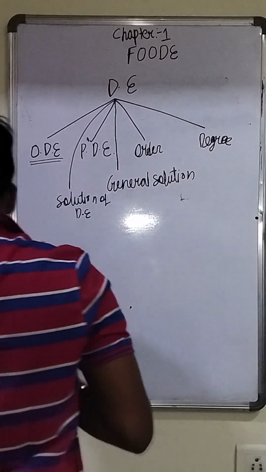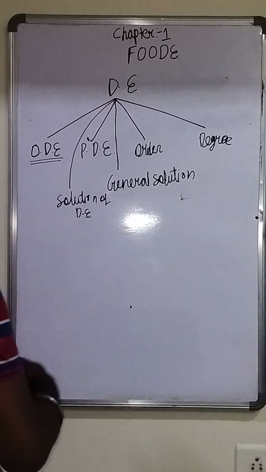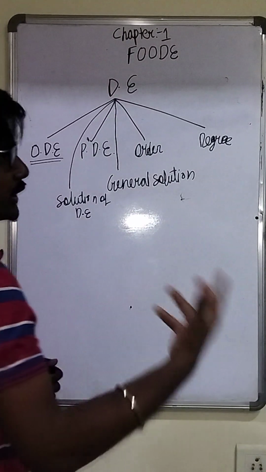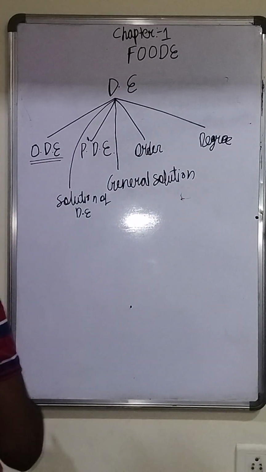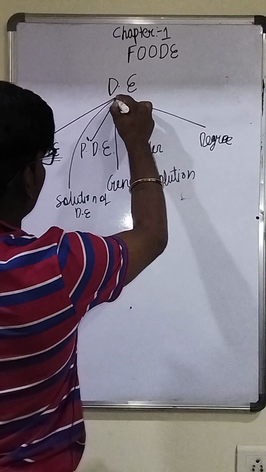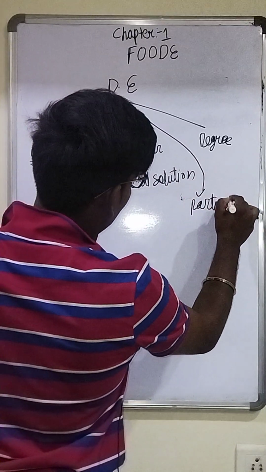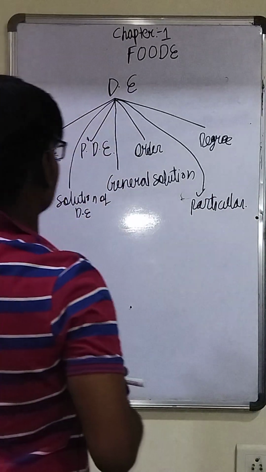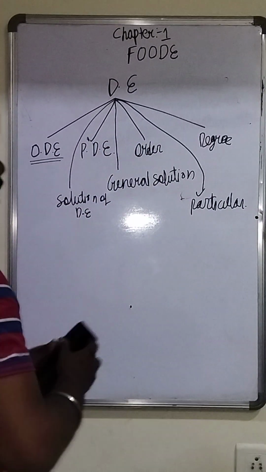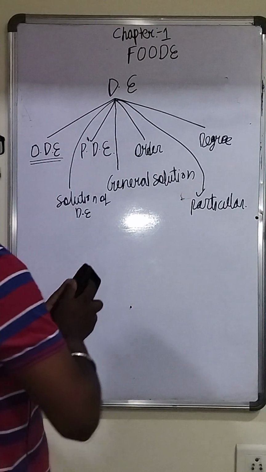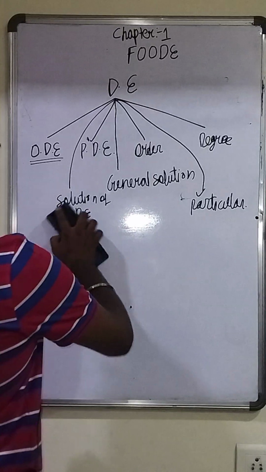There are more parts, like the particular solution of the differential equation, and many more. We will discuss all those parts. These are the main categories we will discuss in this video. Moving on to the first, that is ODE, ordinary differential equation.